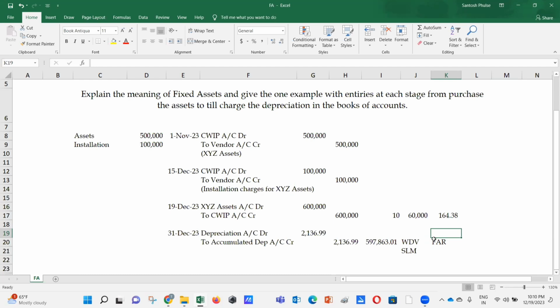But if you don't have the ERP, and if you haven't implemented the FA module for capitalizations, then manually we have to prepare the fixed asset register.